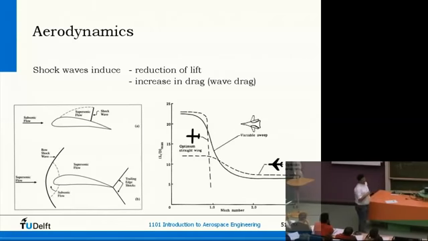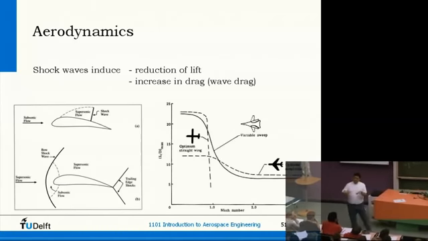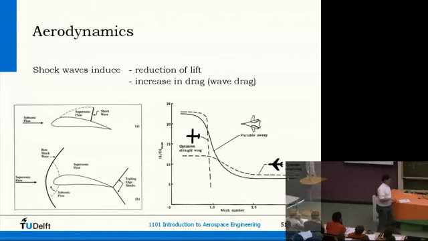Though it has smaller L/D values at small speeds, it has a much better one at high speeds. And these variable sweep aircraft play around with that. So they can change their wing plan during flight, almost like this at low speeds and like that at high speeds.